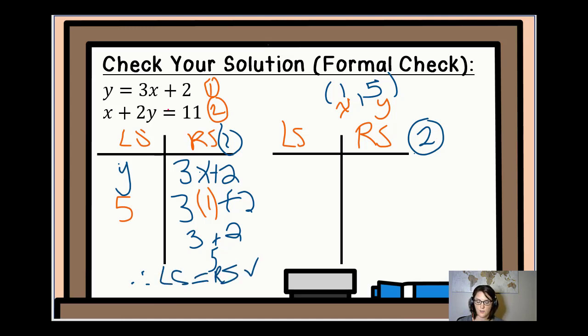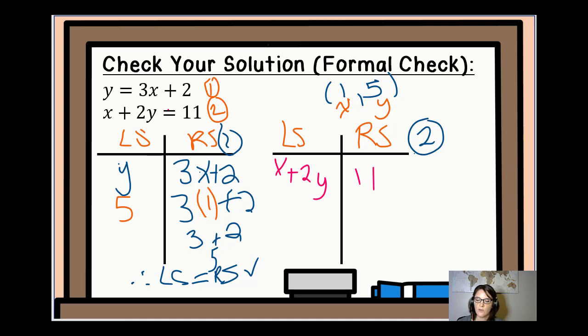So far, so good. So we're only halfway there though with our check. We have to check that the solution works for both equations. Okay, so same idea. We are going to rewrite the original x plus 2y on the left side first. And 11 on the right side.